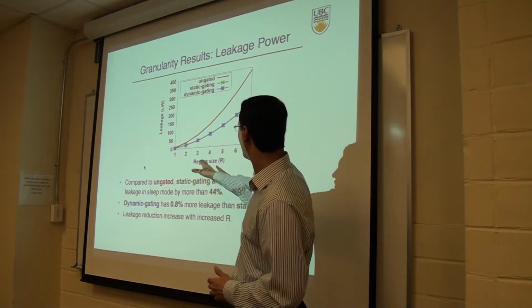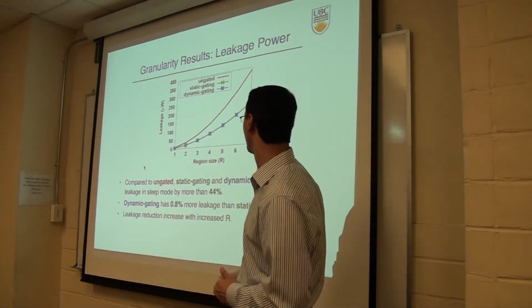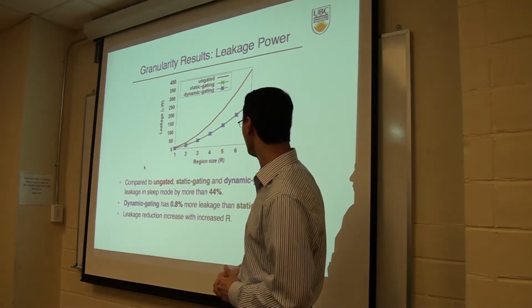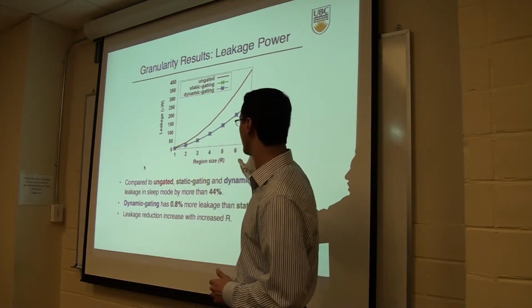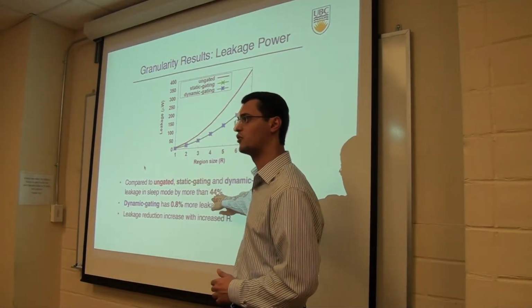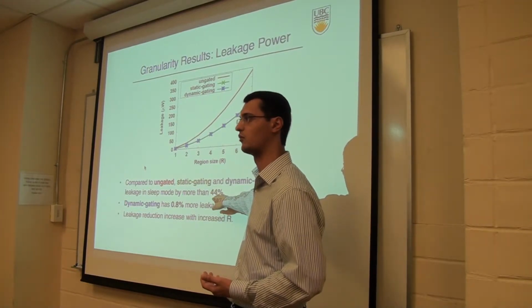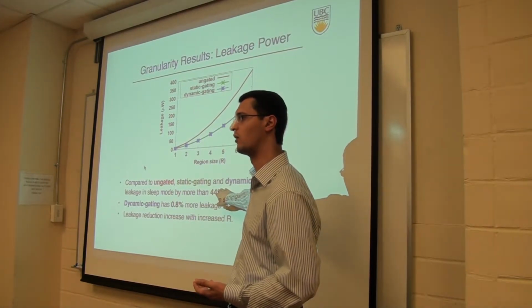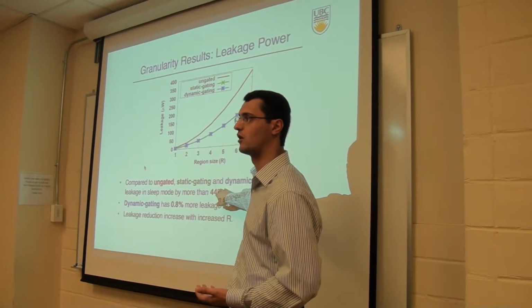And as we increase the region size, the amount of leakage reduction increases. The amount here is about 44% for region size 4, and it increases as we increase the region size. Of course, this number is 44% because we also account for switchbox leakage, which we don't put in sleep mode. If we don't account for that, if we assume only power gating for logic blocks, this number is larger than 80% to 90%.